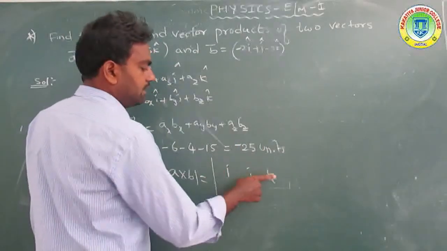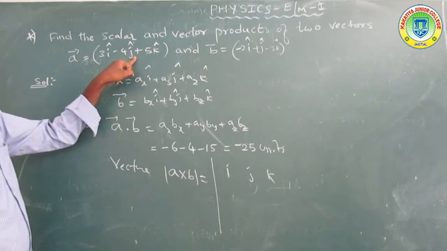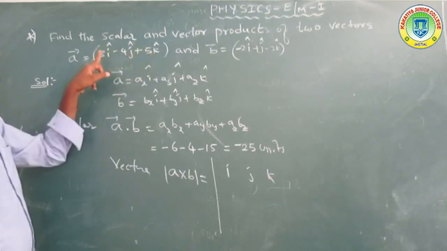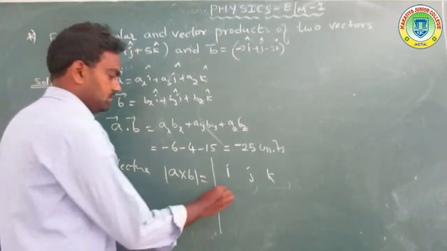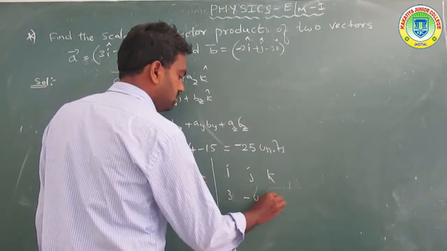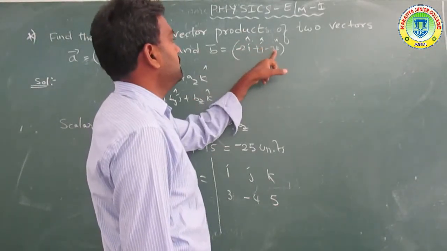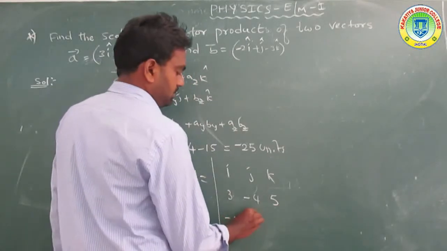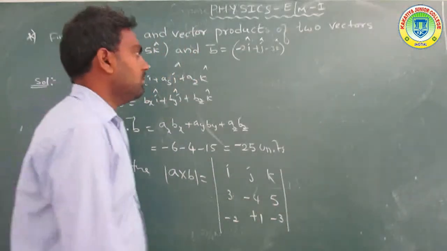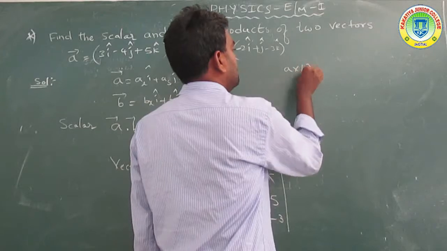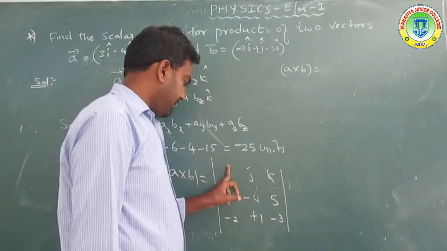The second row is the components of A: 3, minus 4, 5. The third row is the components of B: minus 2, 1, minus 3. So A cross B is equal to i times the determinant obtained by cancelling the row and column.